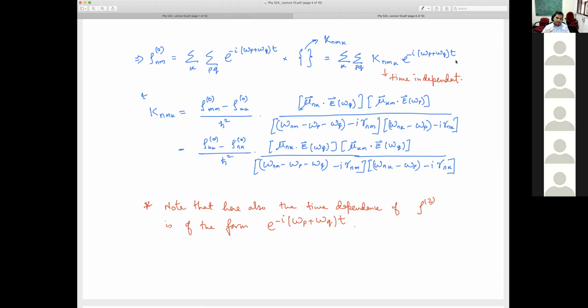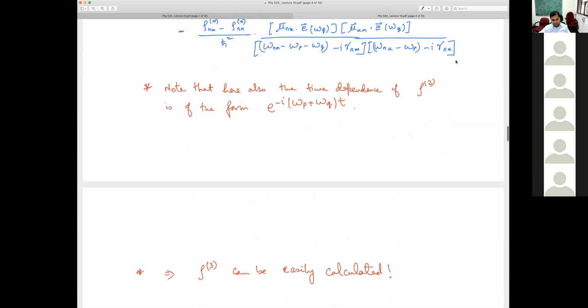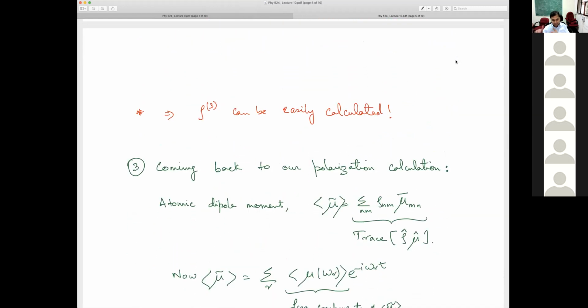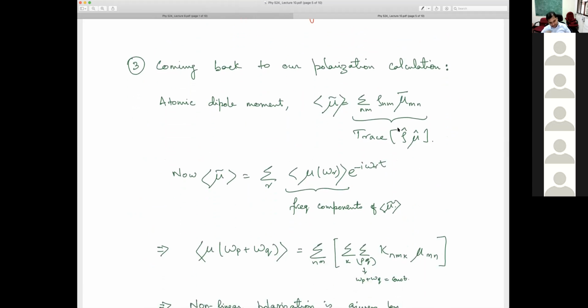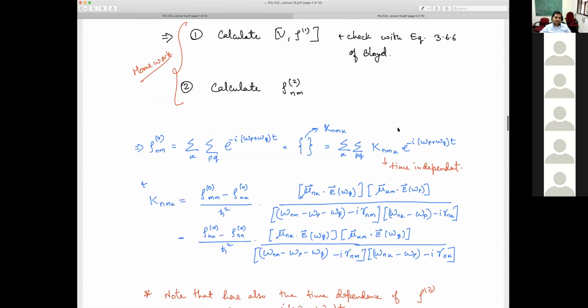And with this kind of time dependence, we know that I can easily integrate the V rho term which comes in the third order susceptibility, etc. So rho 3 also you can easily calculate. The rho 3 calculation we will not do explicitly in this course, but it proceeds along the same line. Now, we have the expression for the density matrix.